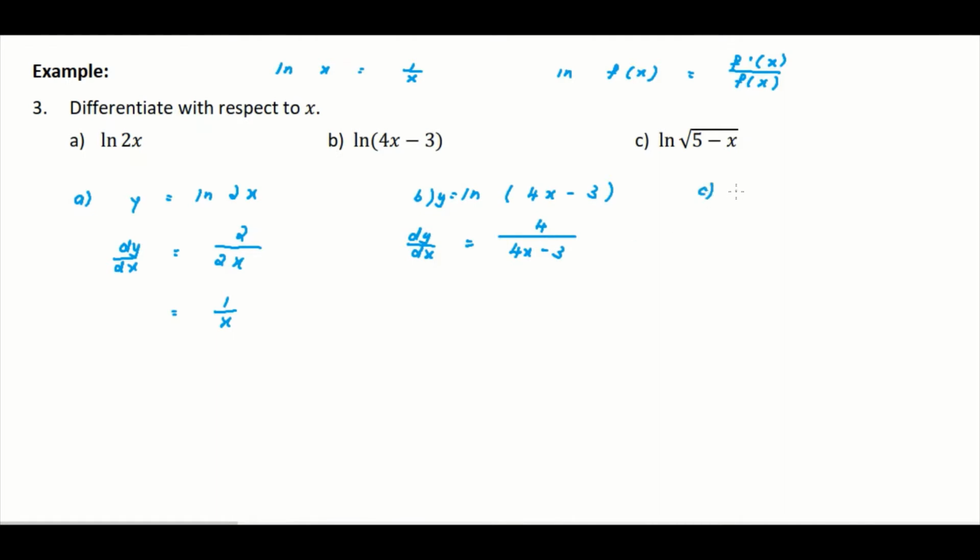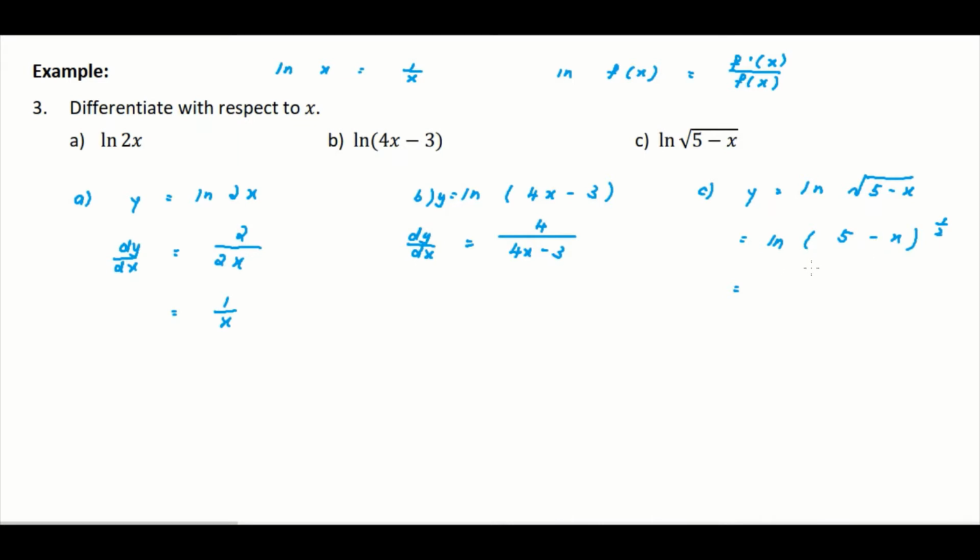C, y equals natural log of square root of 5 minus x. Here, you might need to change it into indices, so (5 minus x) to the power of 1 over 2. It depends on how you want to look at it. You can treat this as a composite function and solve it.